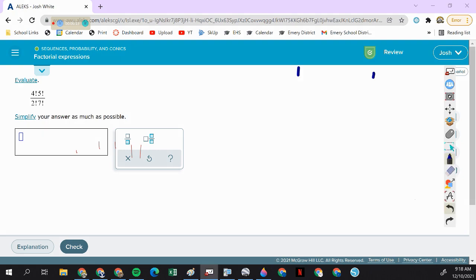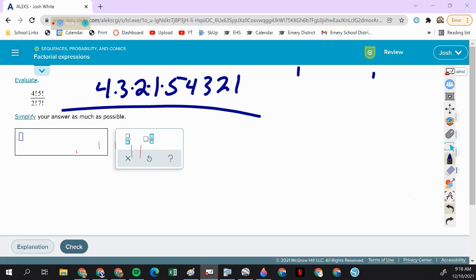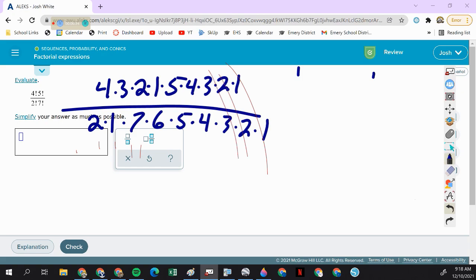All right. So 4, 3, 2, 1, 5, 4, 3, 2, 1. And 2, 1, 7, 6, 5, 4, 3, 2, 1. All right, so we can start with those. And then this one can kill that one.